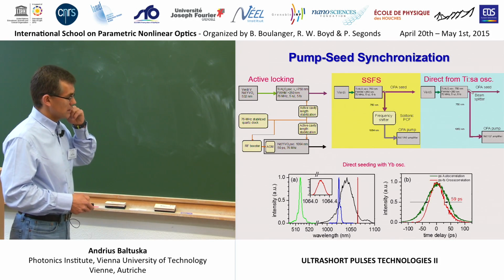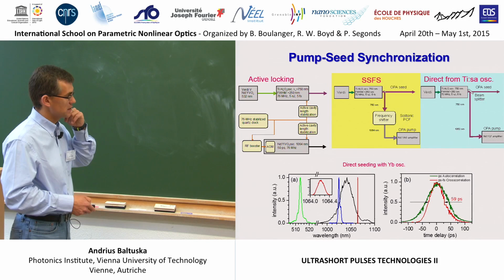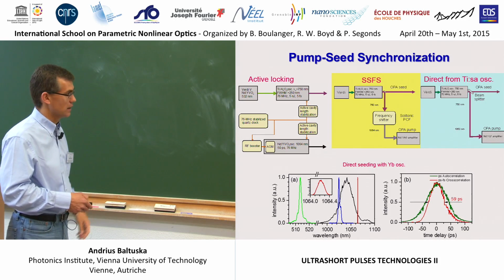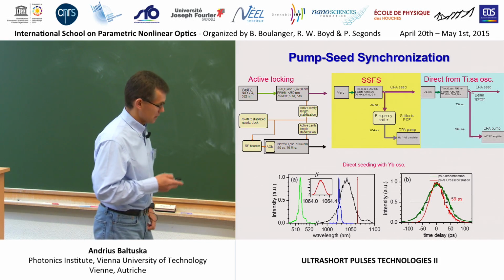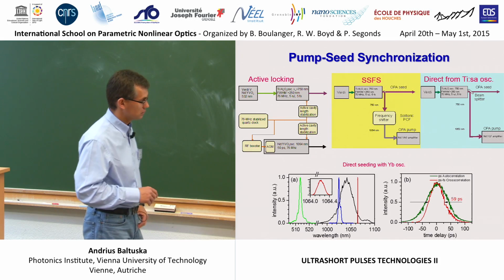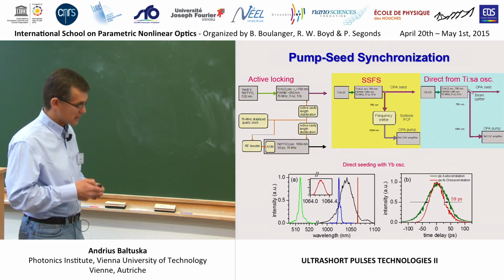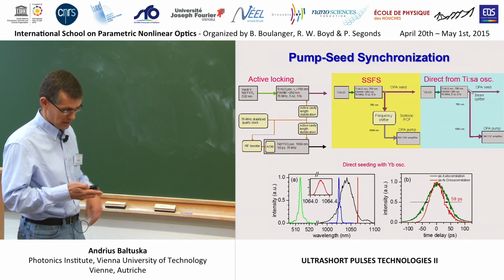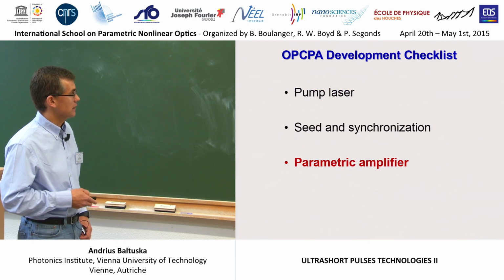So essentially you can do the same thing you're doing here with titanium sapphire, but since the two wavelengths are so close together, this is a very modest oscillator, like no frills. And so speaking from experience, we like such systems much better. So we stopped using titanium sapphire entirely.